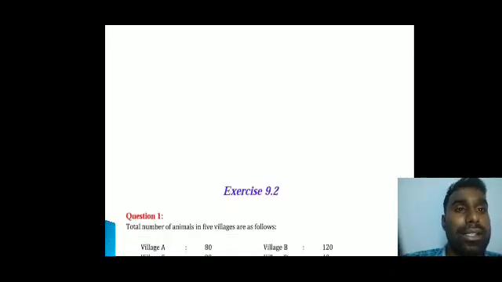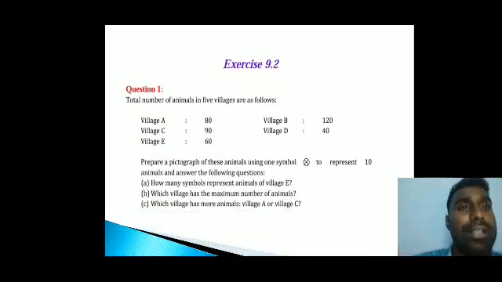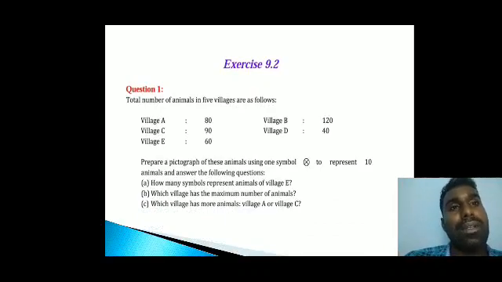And then exercise 9.2. In that exercise the question is: the total number of animals in 5 villages are as follows. Village A 80, village B 120, village C 90, village D 40, and village E 60.